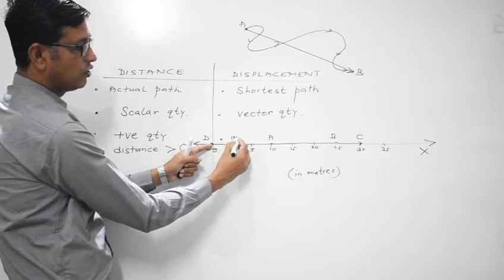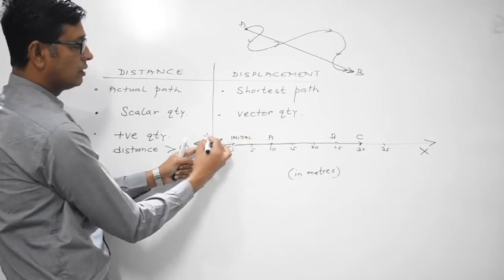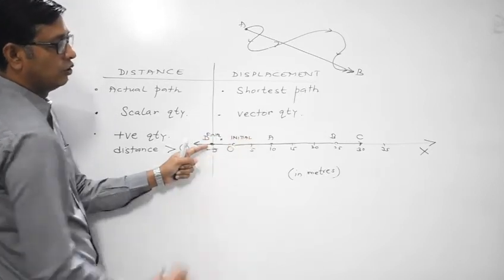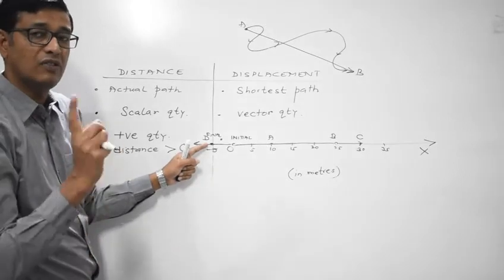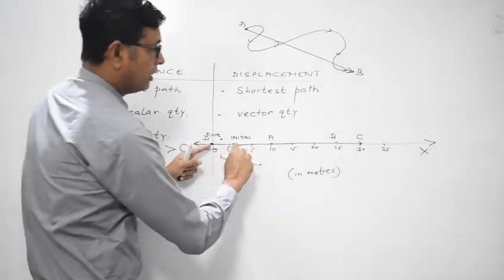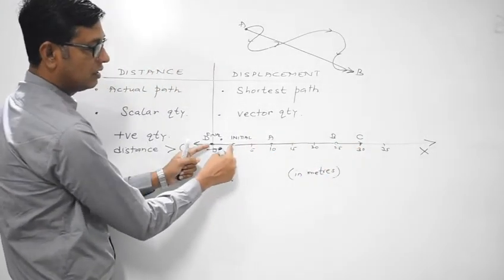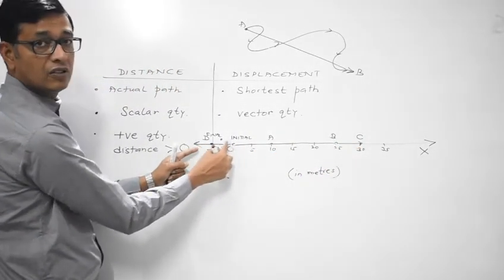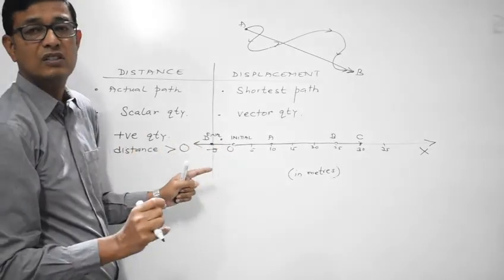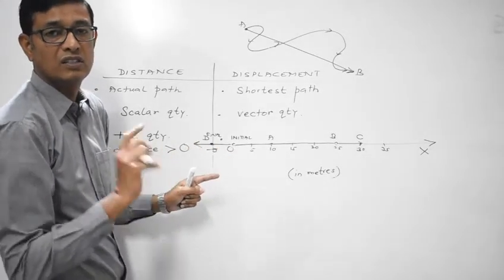In this case, what will be the total distance covered during the entire journey? It will be 30, then again 30, 60, and this one is 5. So 65 meters will be the total distance covered.